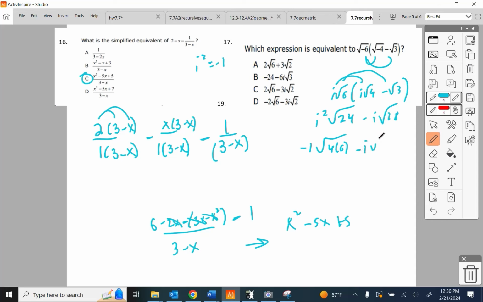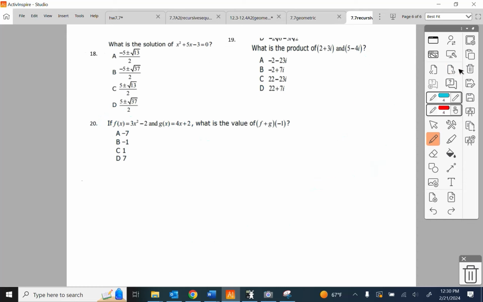There's an i. 18 is 9 times 2. Root of 4 is 2. Negative 2i root 6. Root of 9 is 3, minus 3i root 2. Which they don't have, do they? Oh, that's negative 1. Negative 2 root 6 minus 3i root 2. There we go on that one.